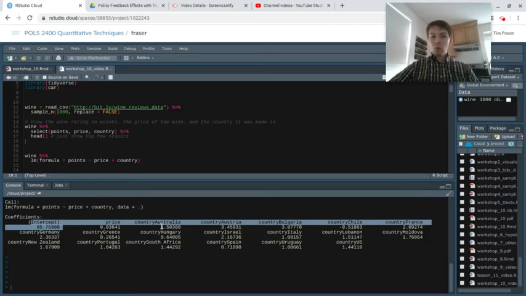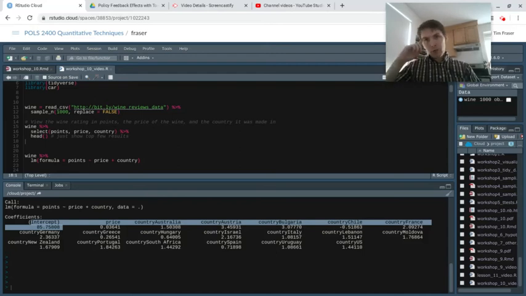So an Australian wine tends to have 87.25 points on a scale from 0 to 100. What we just did was add the intercept and the effect for Australia together. Okay? It's kind of nifty, right?